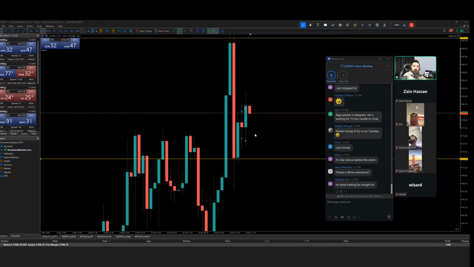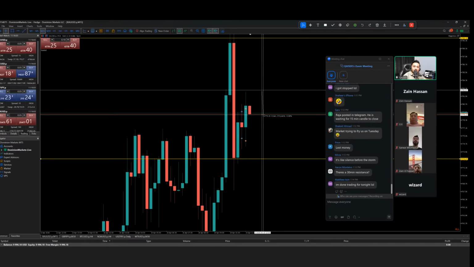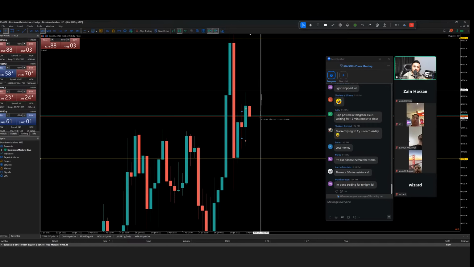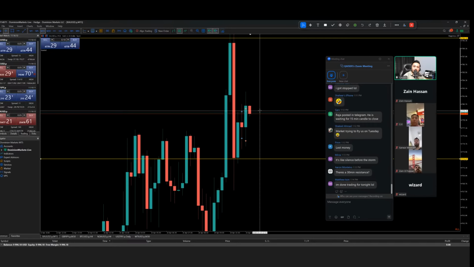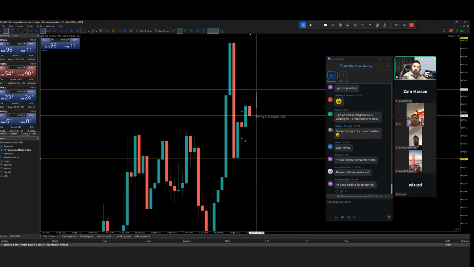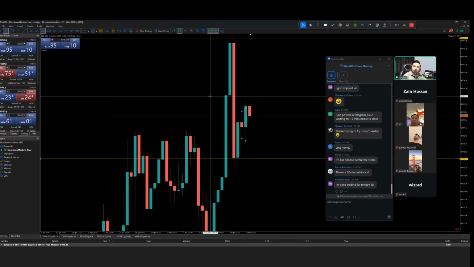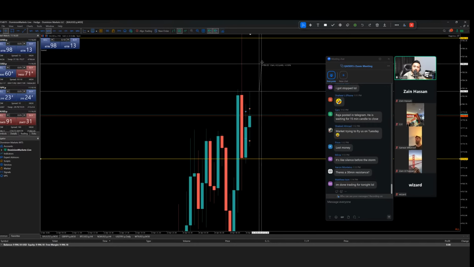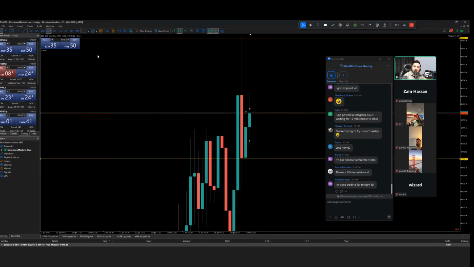It's creating a wick. If I'm going to execute somewhere here, placing the stop loss, I could get a 40, 50 pip stop loss. So I could become a part of this trade. Yeah, I need this candle to break above the previous candle high. This makes sense. Because if it's going to break above the previous candle high, the 30-minute is going to break its own high, so probably it's going to fill this range.